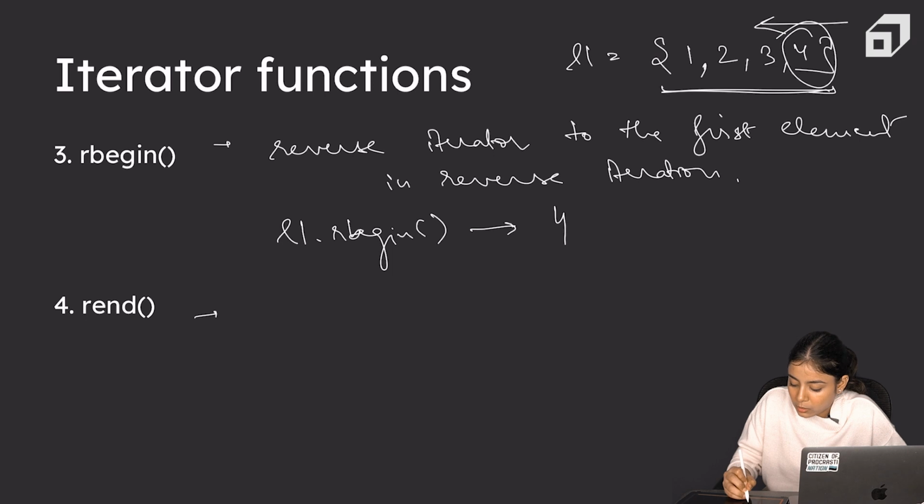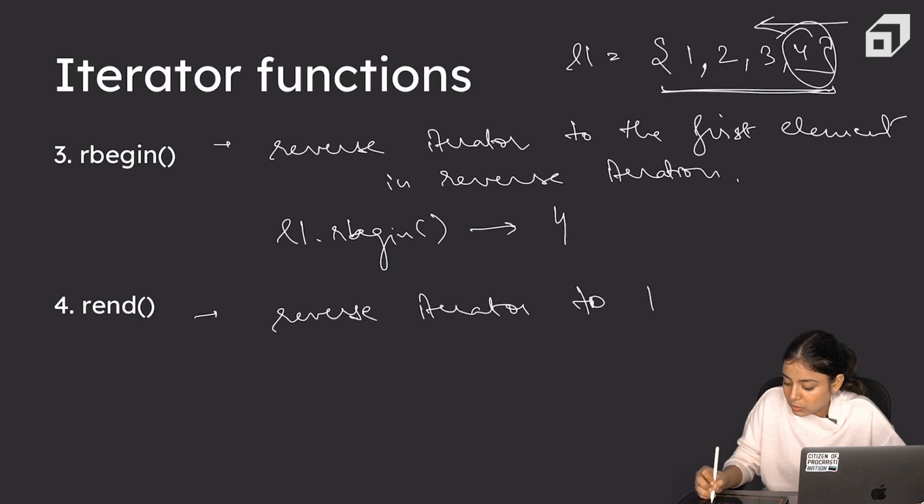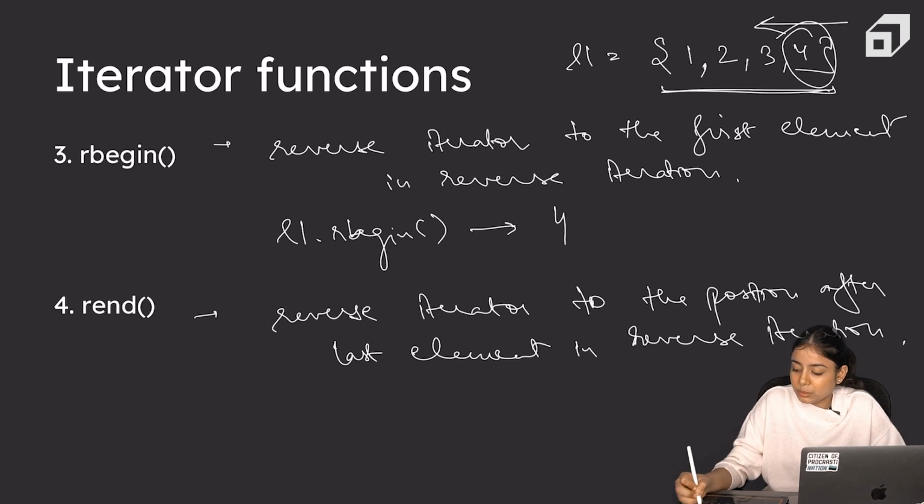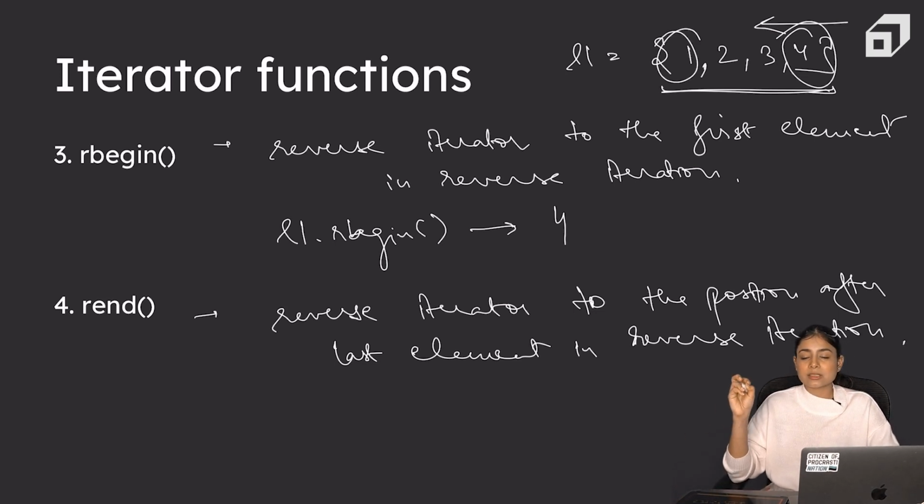And R end, what this will give me is a reverse iterator to the position after my last element in reverse iteration. Again, if this list is reversed, what would be the last element? 1 would be the last element.